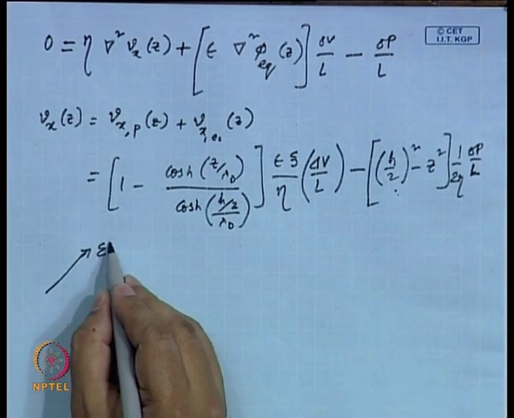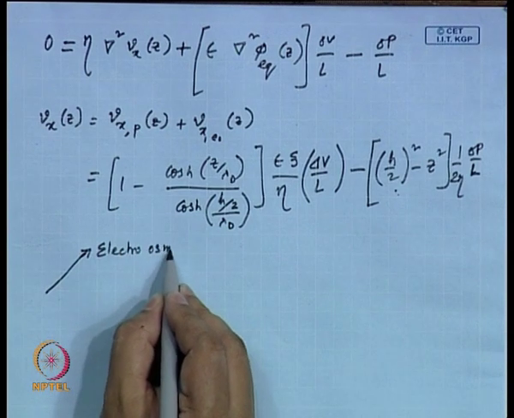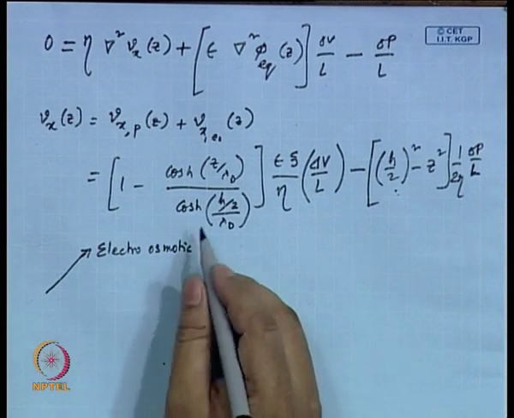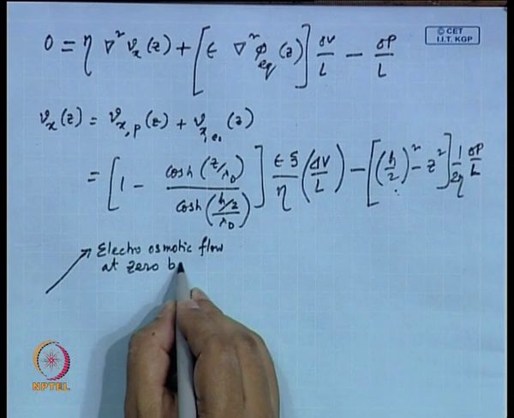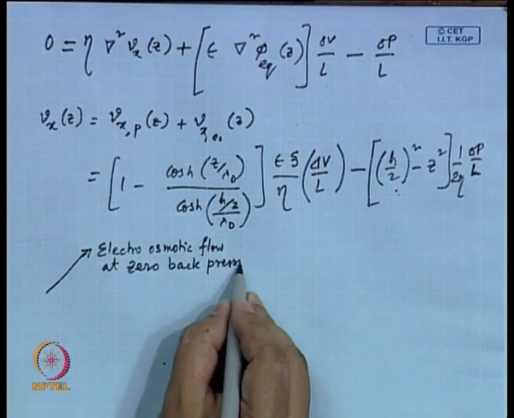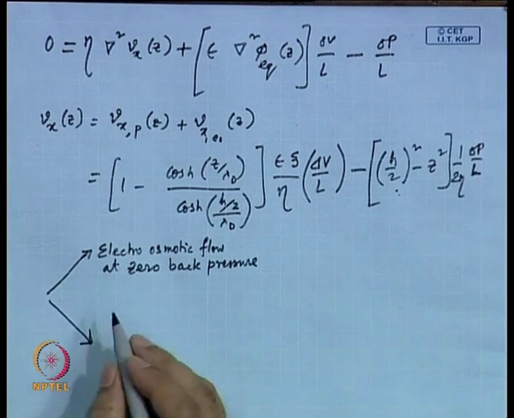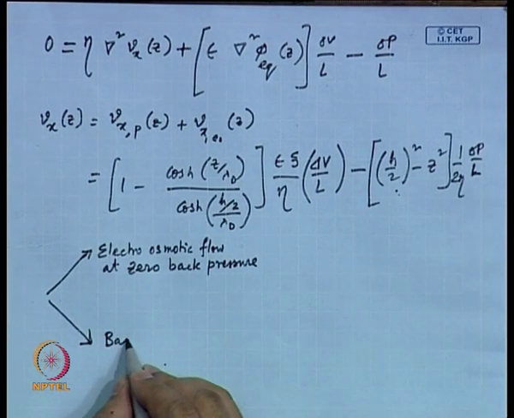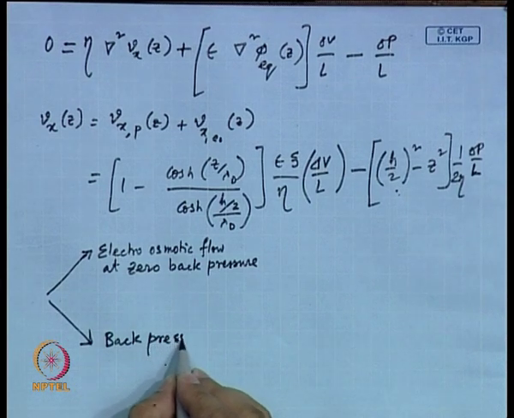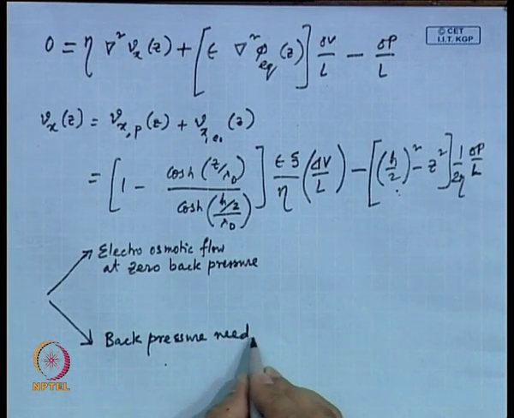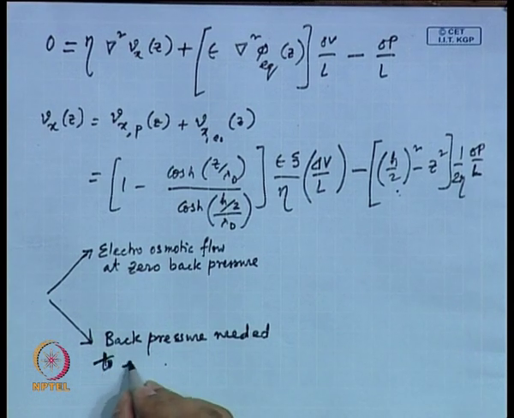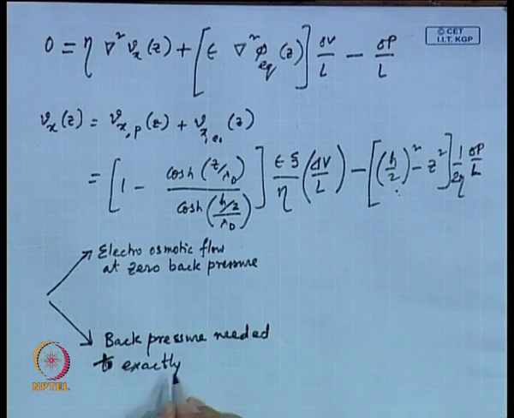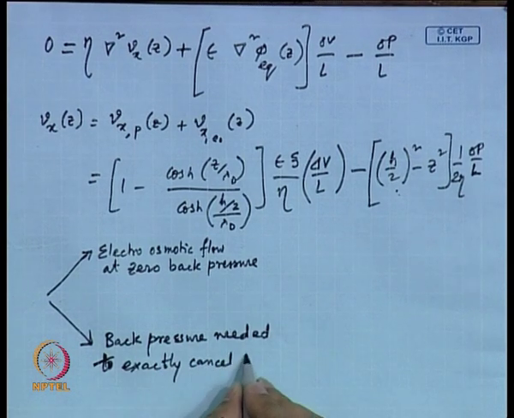One is the electro-osmotic flow at 0 back pressure, and the other point is the back pressure needed to exactly cancel the EO flow.